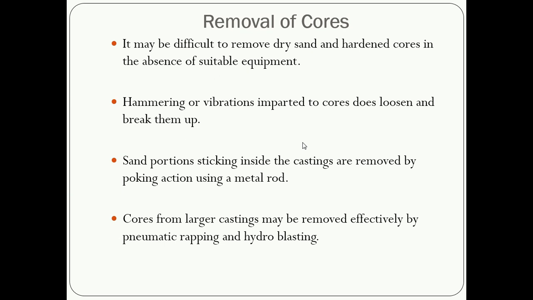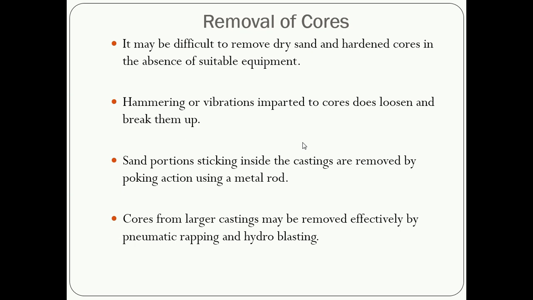By using that pin point we remove the core sand sticking to the internal surface of the casting. That is called removal of the cores by using a poking action.